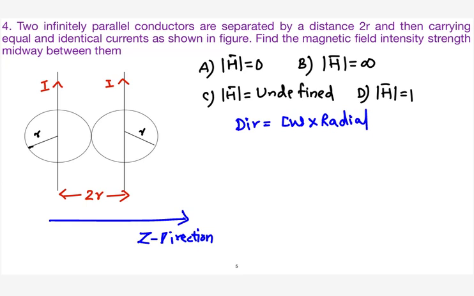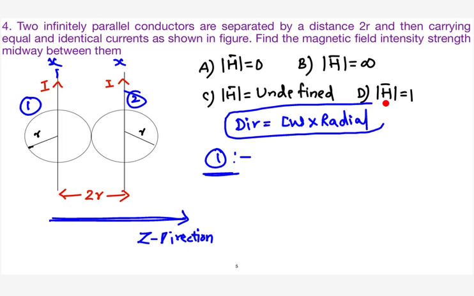Consider this is your Z direction, and let me say the current is flowing in the X direction. This is my first wire and this is my second wire. Because of the first wire, what will be the direction of magnetic field? We'll stick to this basic formula, valid if the thumb is pointing in the direction of current.